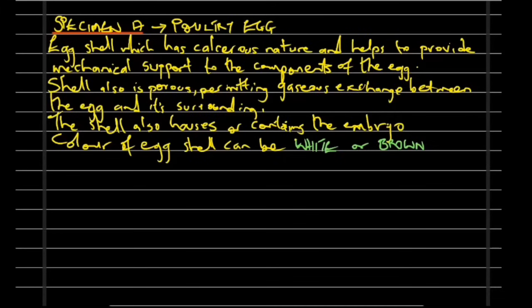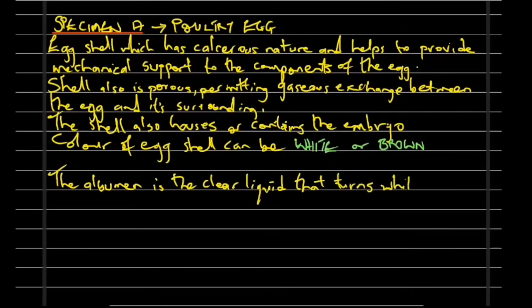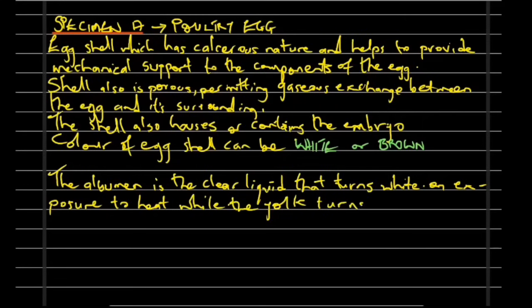The albumin is a clear liquid that turns white on exposure to heat, while the yolk turns yellow.